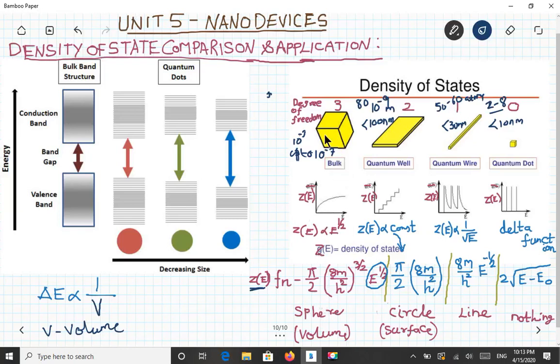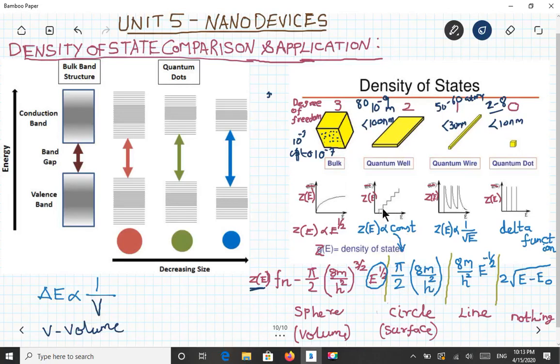For this bulk material, many electrons can occupy, as there are a lot of energy levels. So if you reduce it to this much, the density function will become a constant now.